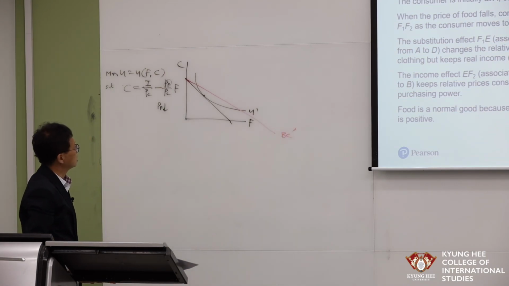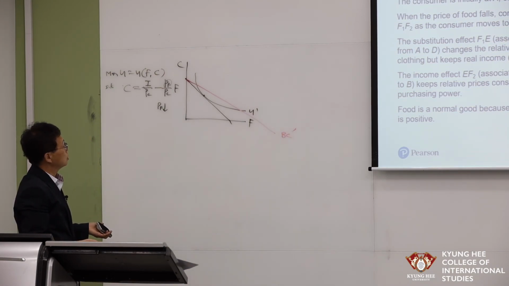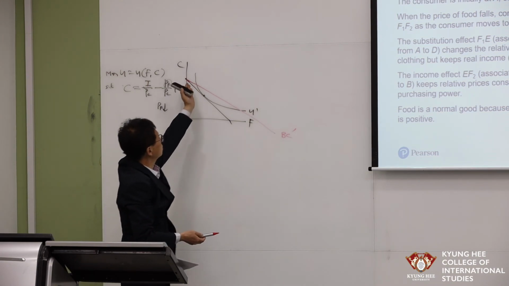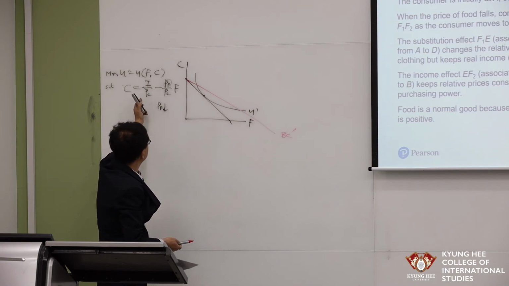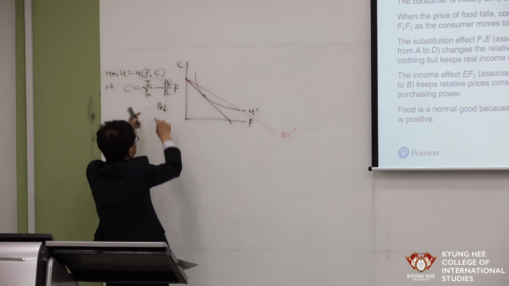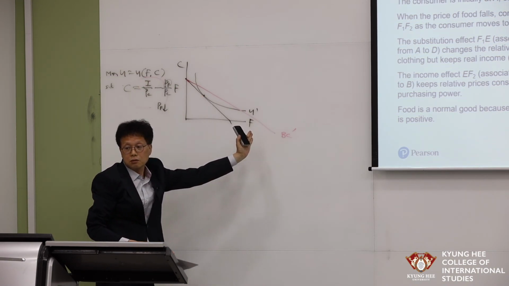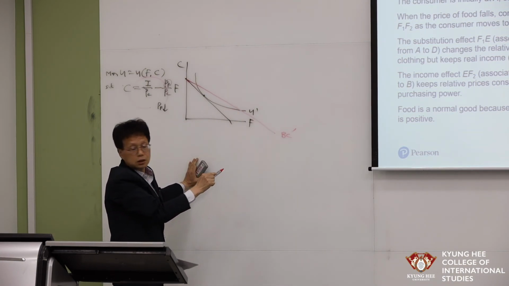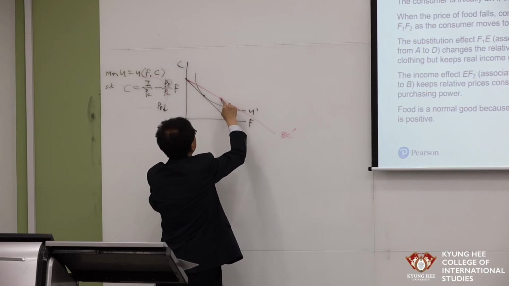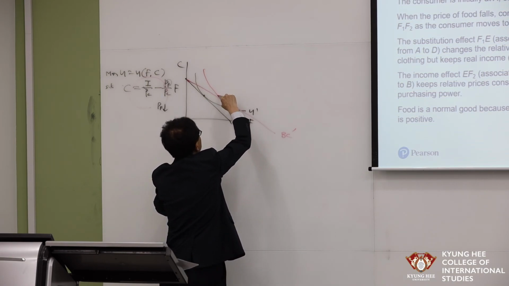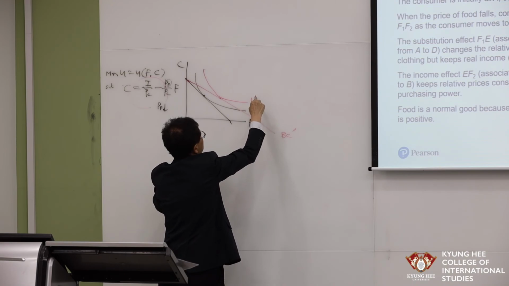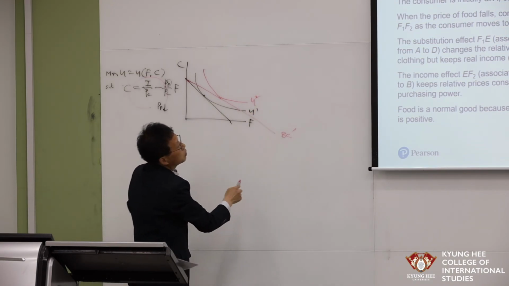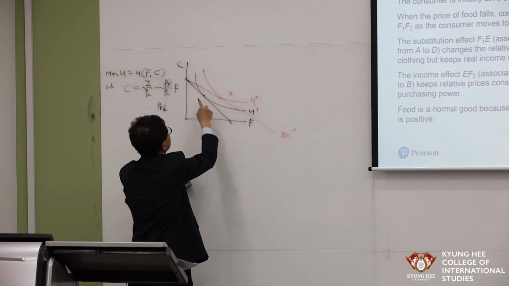Then you solve the utility maximization problem again based on the new budget constraint. Solve this problem again with a different budget constraint, this one. Right? Then find this kind of thing. The utility level is, for example, U2, like this. Right? That is point B, and point A.